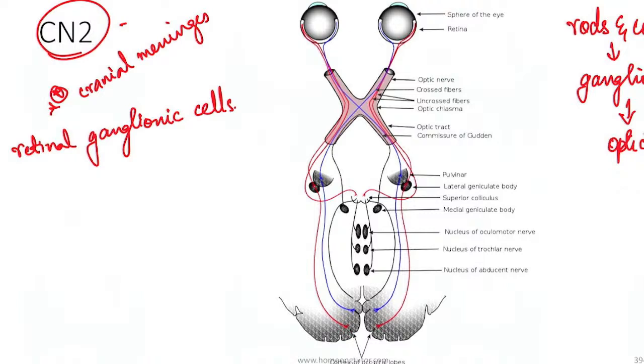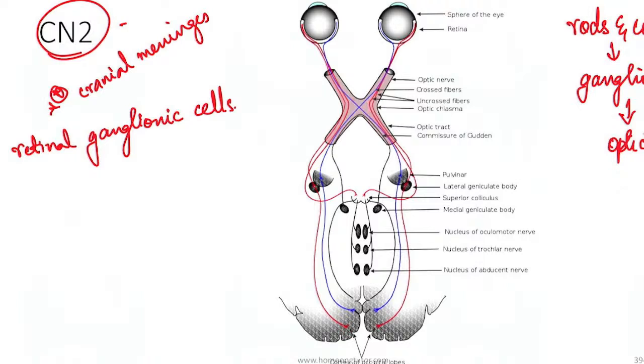But the medial side fibers, the blue fibers, see, only the blue fibers are crossing. So the medial fibers of one side, for example the right side, go to the left side, and the medial fibers of the left side go to the right side.